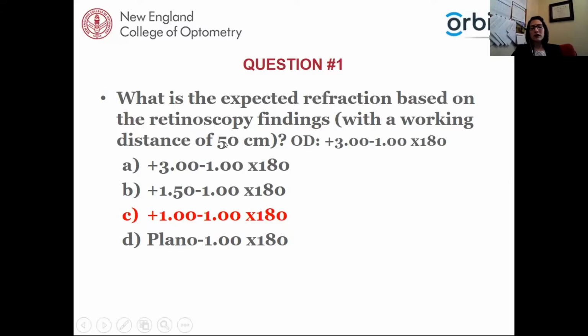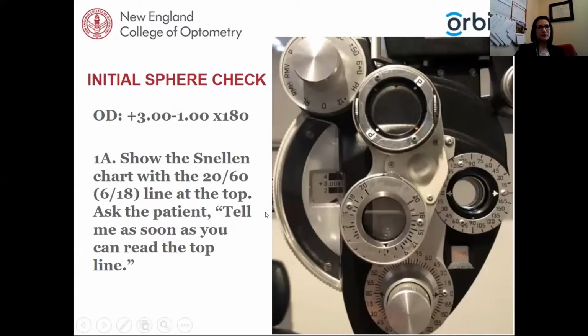If it was a 1.5 diopter working distance, which I know some providers use, then it would have been the +1.50. But because we use a 50 centimeter working distance, the sphere power should be +1. So we know going into this what our refraction should be around. It may not be exact, but it should be pretty close to +1, -1, axis 180.